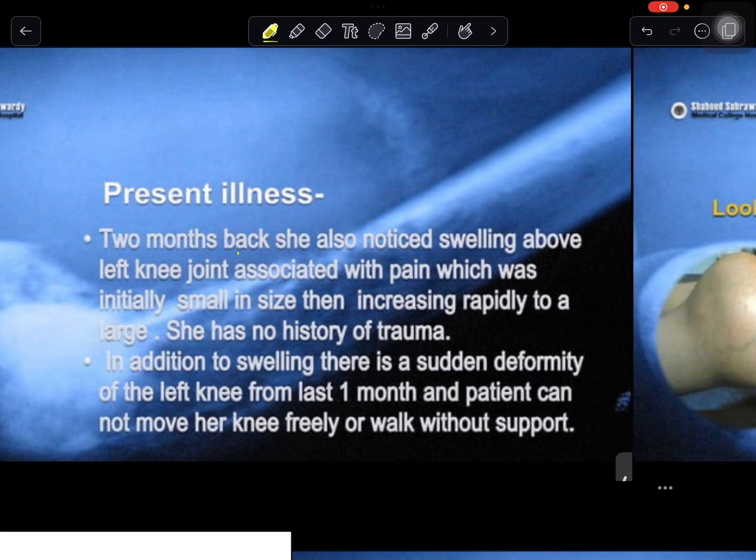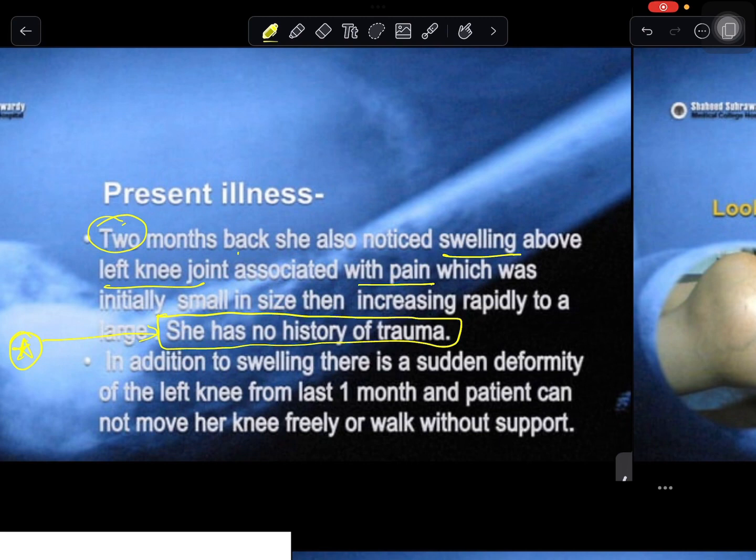She even complains that she noticed swelling above her left knee joint nearly 2 months back, which was associated with pain, but initially it was small in size, and then slowly it started increasing in size. However, she does not remember any trauma. So there is no history of trauma. What is trauma?